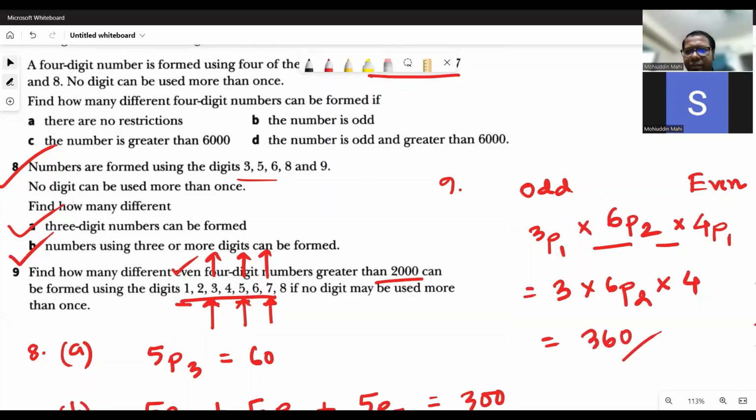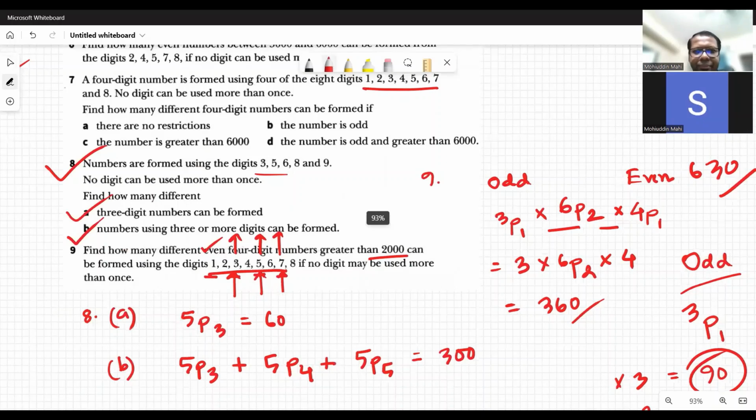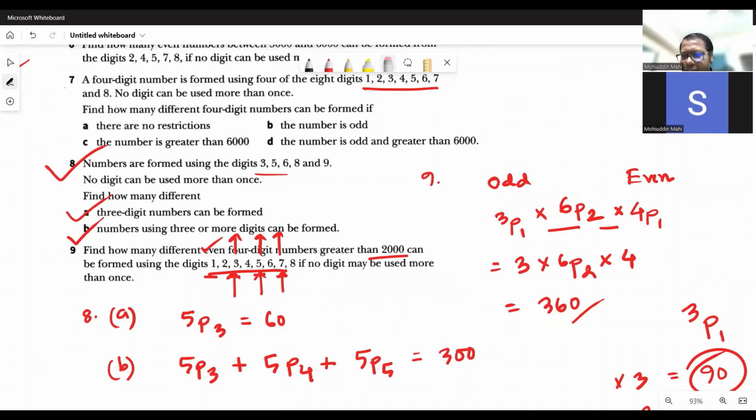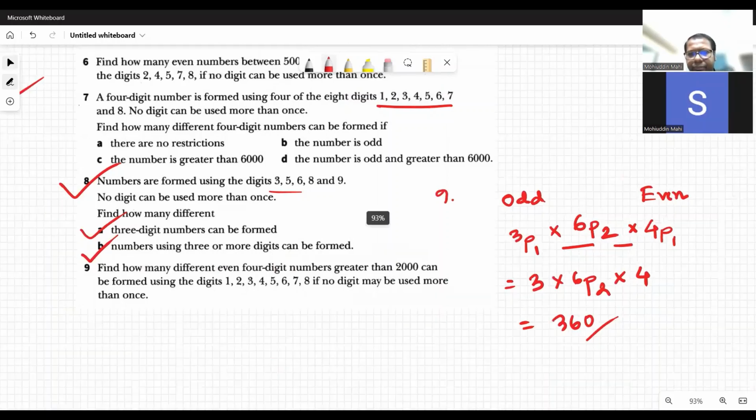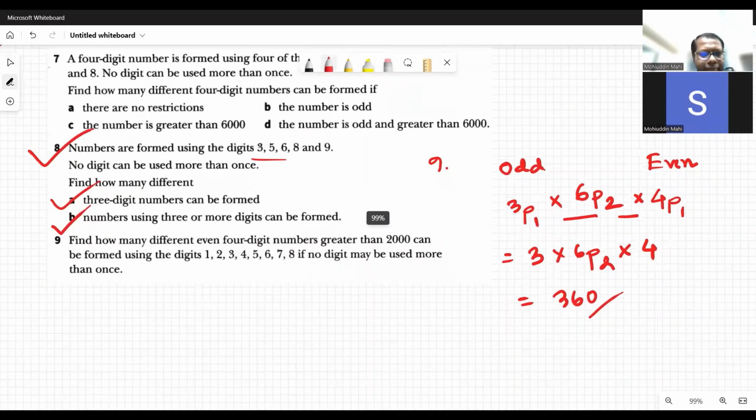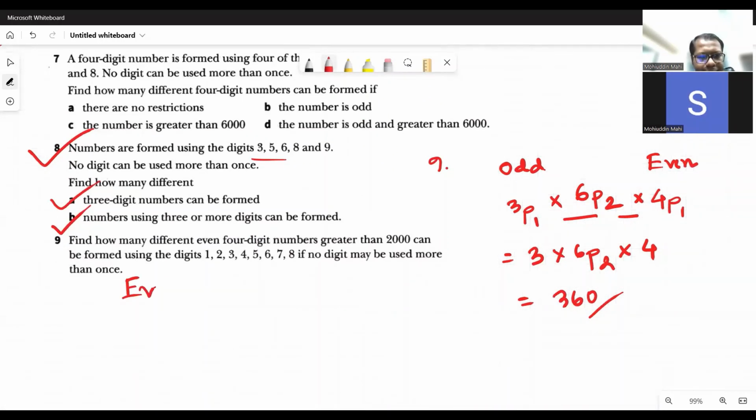Now let's consider even and even. First digit as an even number, last digit as an even number. How many even numbers are there? 4 even numbers. The first position can be filled up in 4P1 ways.